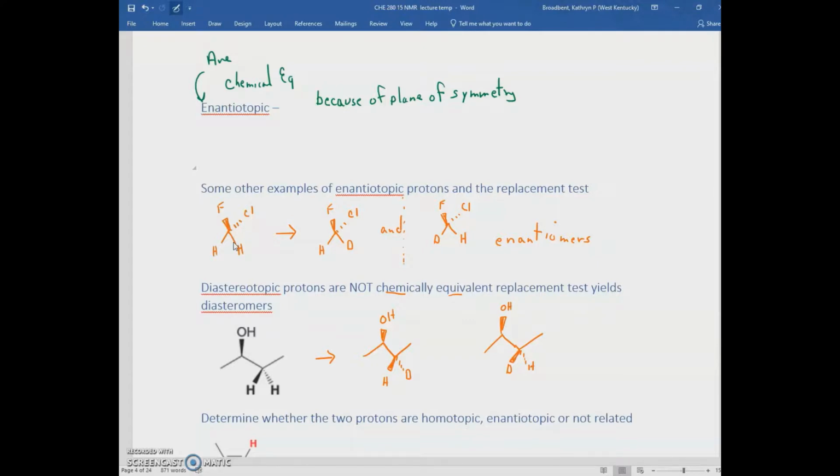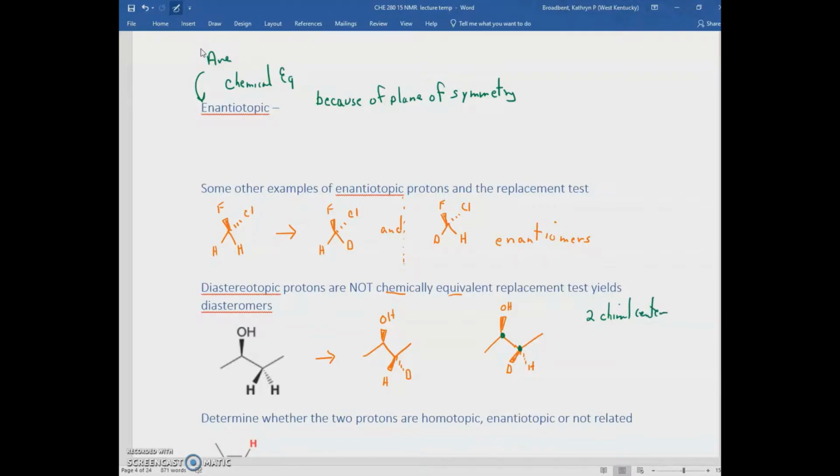Okay, so what we've got here are two chiral centers. There's one here and there's one here.